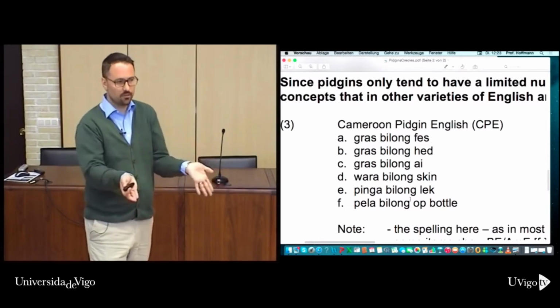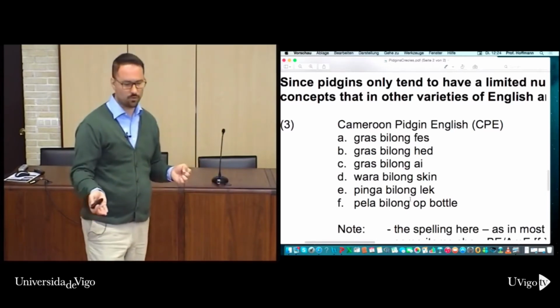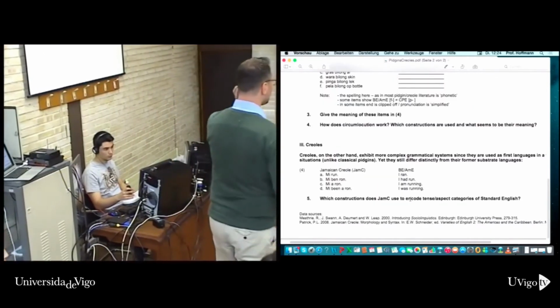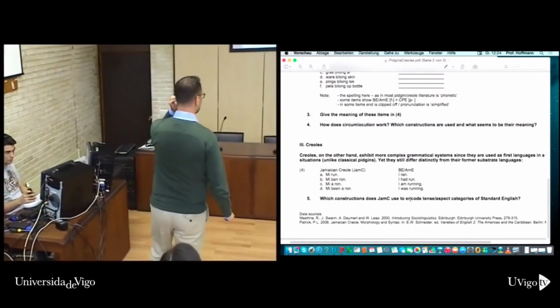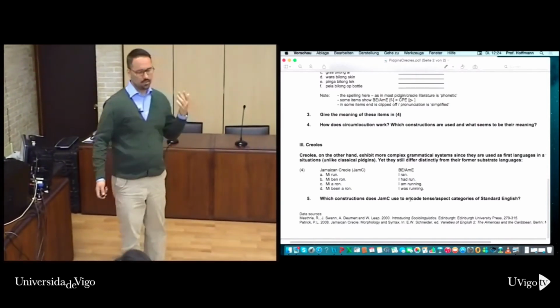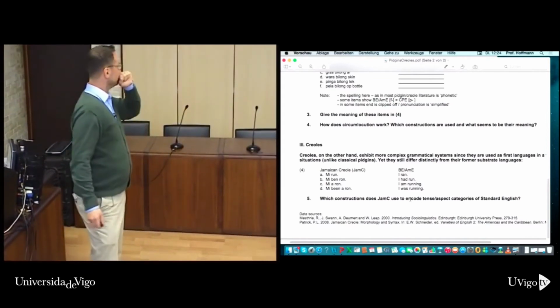Because we don't believe in a universal grammar. That would be another option. That you've got something innate, and that would be something that people can draw on, but that's clearly not the case. Let's now think about Creoles, which have a more complex grammatical system. Since they are used as first languages, remember the Atlantic situation in slavery on the plantations.